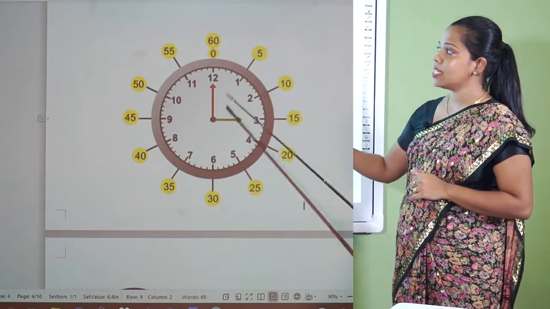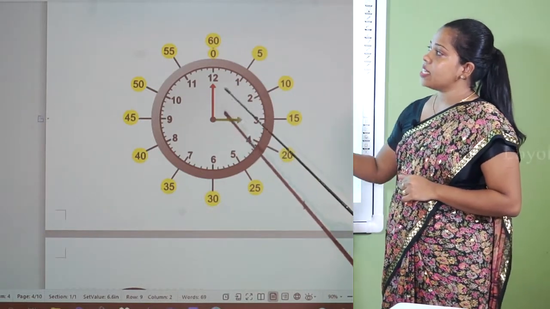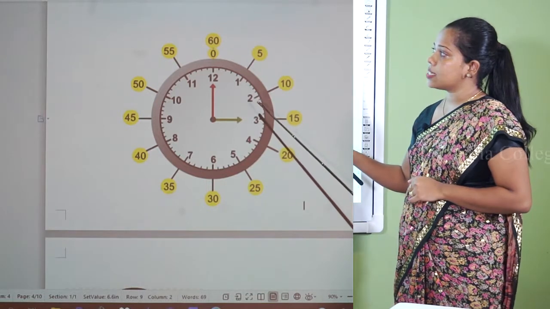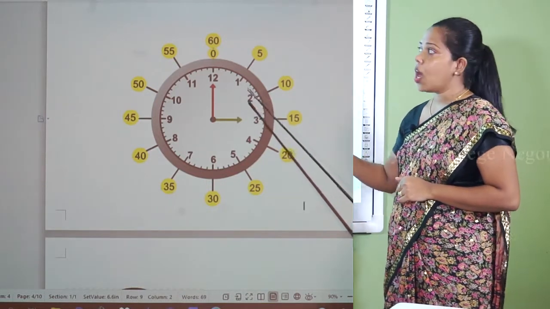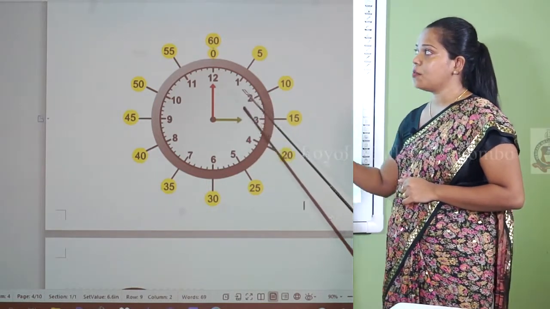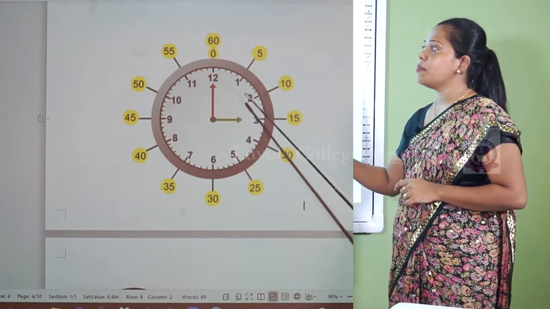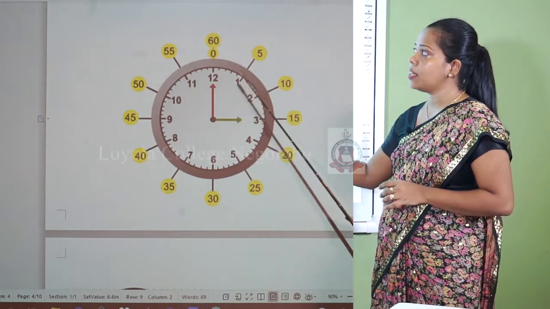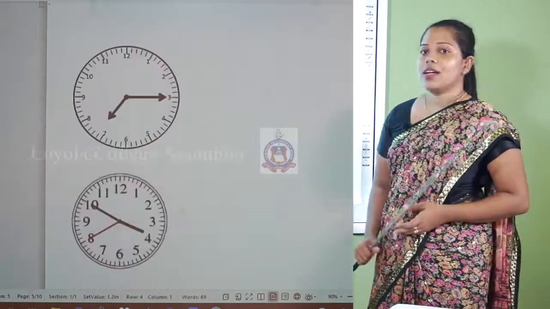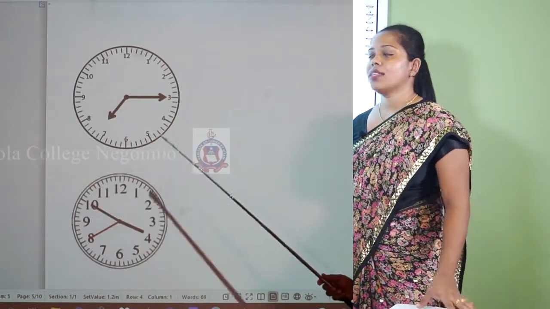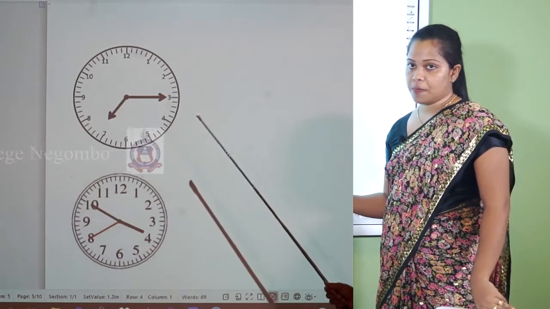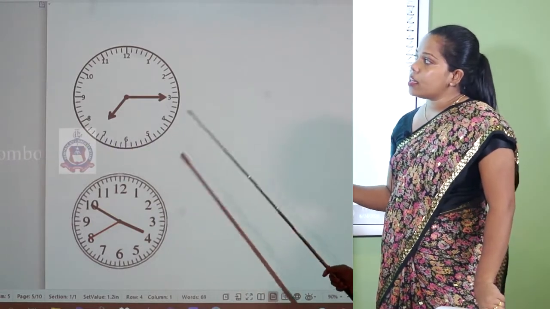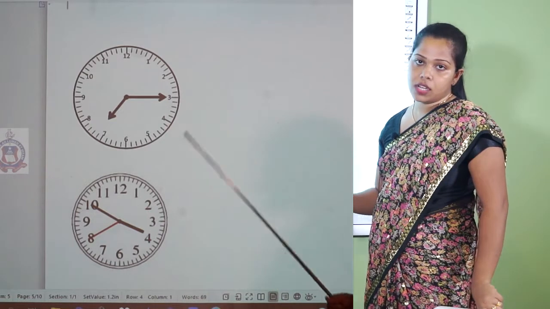So here the time is 3. If this long hand comes to the number 2, how many minutes have passed from 3 o'clock, that is 10 minutes past 3? It's 12 to 2. How many minutes? 10. Here Putte, you can see a clock. The time is 7:15. Now imagine the time was 7 o'clock.